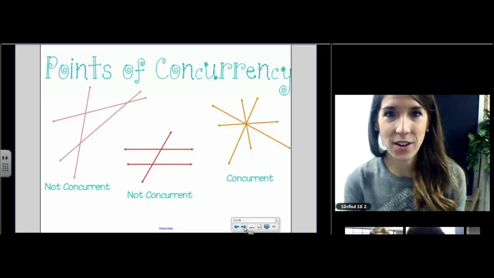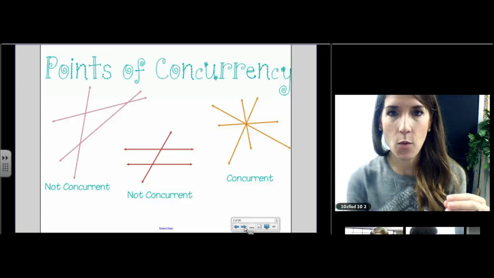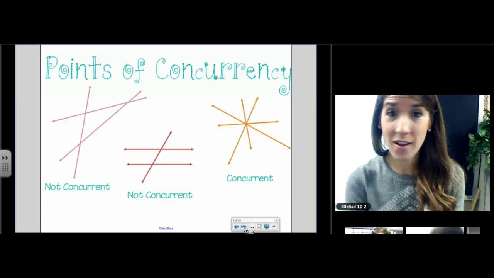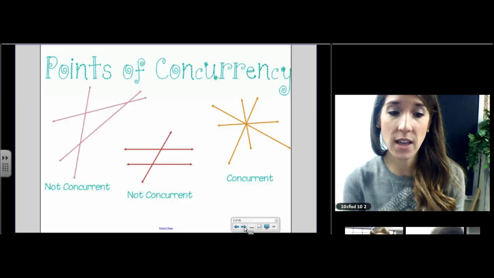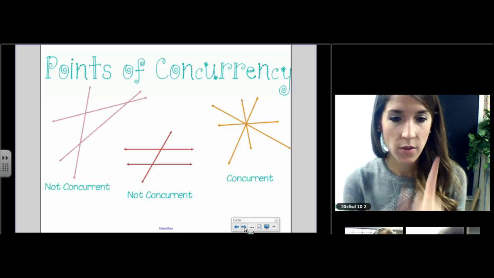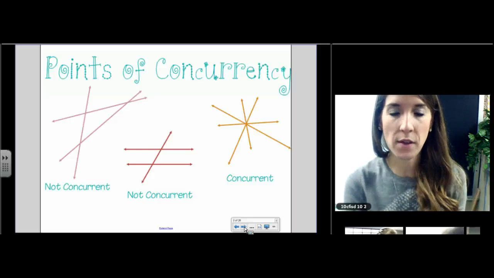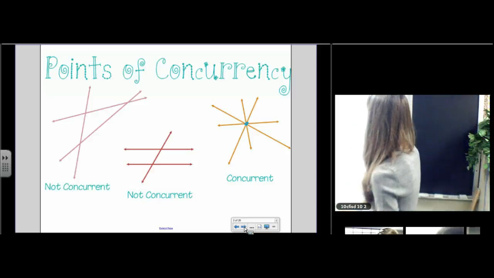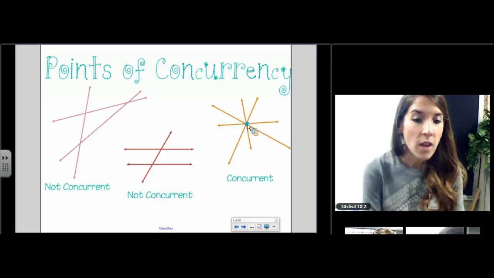Yes, 3 lines are intersecting, but they're not intersecting at one common point. Same with my second picture. Those are not concurrent. They are not all coming together at one point. The last one, those are concurrent because all 3 of those lines intersect at one single point. It's like they're rendezvousing. They're meeting up at one point.